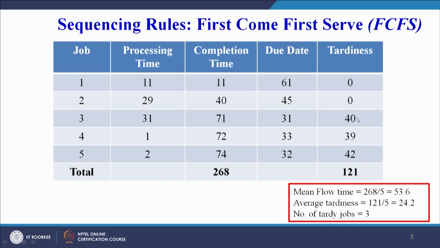Average tardiness value is 40 plus 39 plus 42, that is 121, divided by 5, which is 24.2, and then the number of tardy jobs in this case is 3. So that is the general calculation for the first come first serve rule.